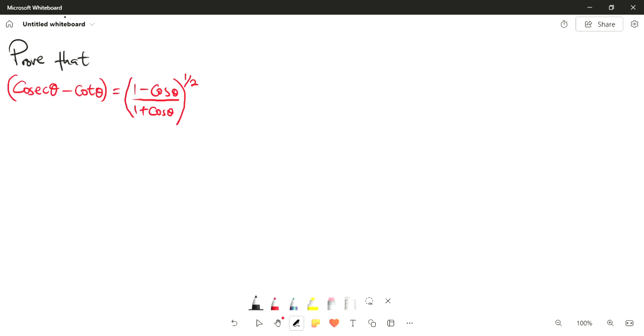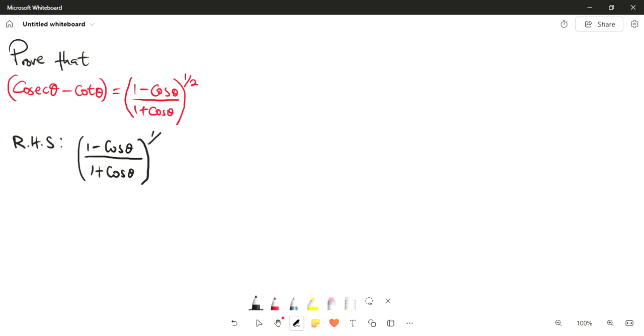So here we're working with the right hand side, which is open brackets 1 minus cos theta over 1 plus cosine of theta, everything to the power half.